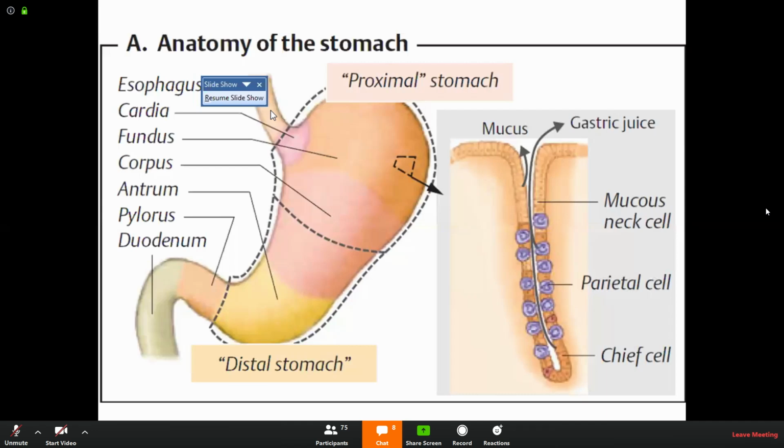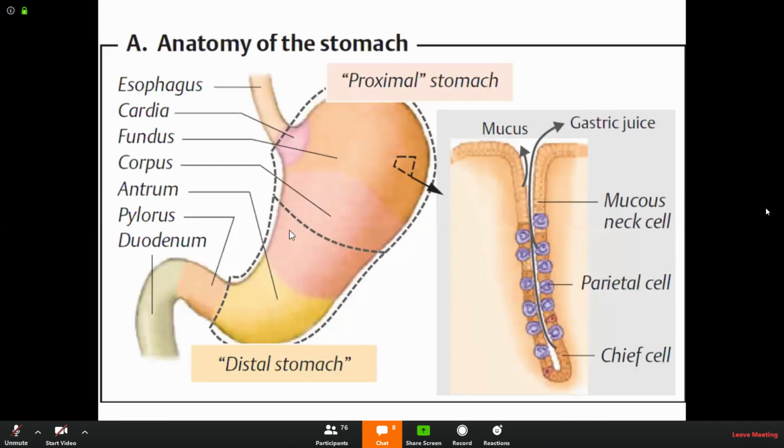Okay, so this is the anatomy of the stomach. After the food has come to the esophagus, there is relaxation of the stomach so that food can be stored in the stomach. You have to know the parts of the stomach: this is the cardiac part, this one is the fundus, this one is the antrum, and this one is the pylorus.